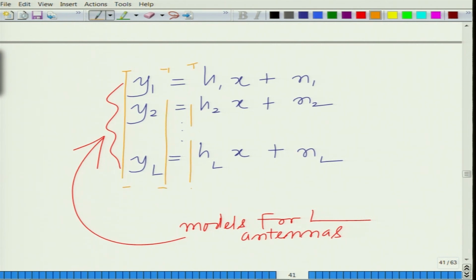So, now interestingly you can put these things as a vector. This becomes your y1, y2, ..., yL vector, h1, h2, ..., hL, that is your channel vector, and n1, n2, ..., nL, that is your noise vector.